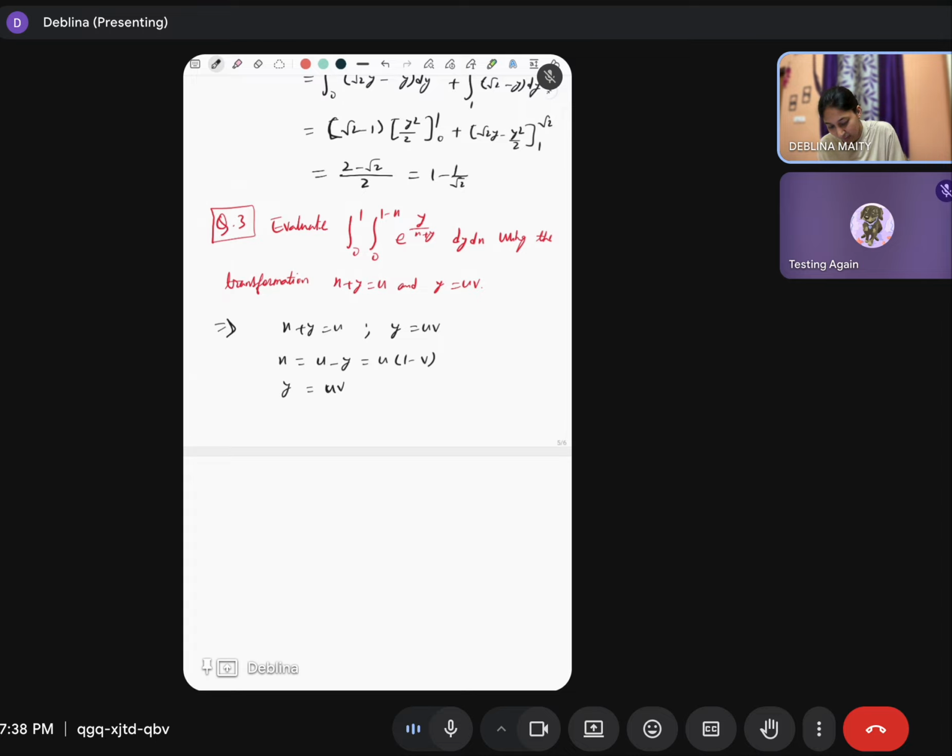So what is this Jacobian? So the Jacobian is what? This is del x y by del u v, which is del x del u, del x del v, del y del u, and del y del v, right? So here this is 1 minus v, this is minus u, and this is v, u.